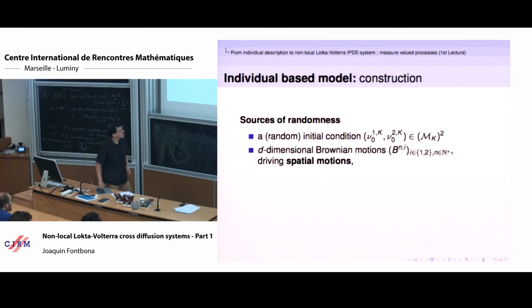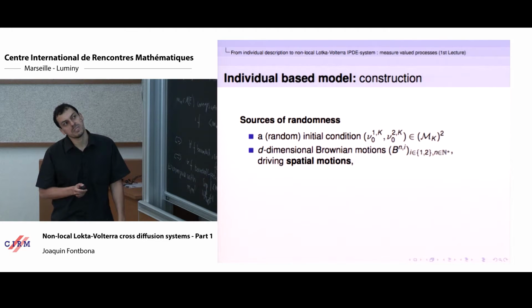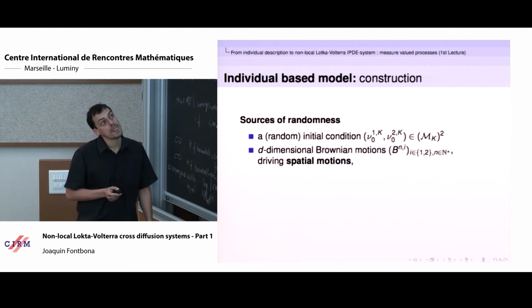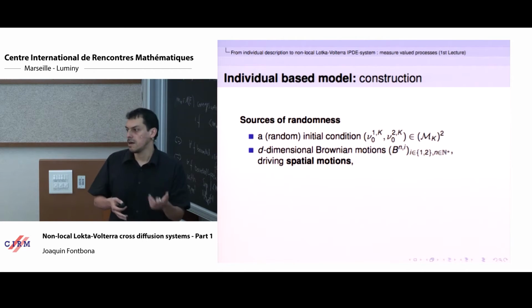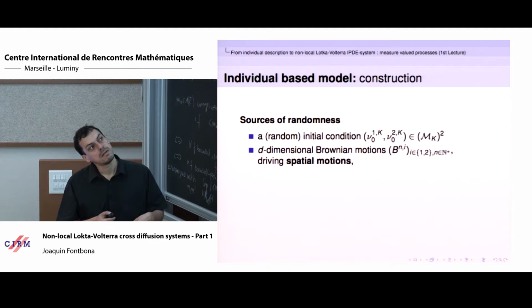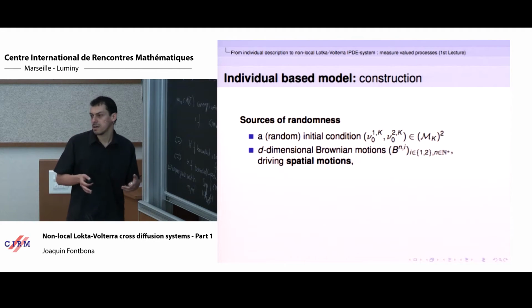I will consider lots of Brownian motions, but I will only be using a finite number of them. I have 2 species, so I have 2 families of Brownian motions, and each of these Brownian motions will be driving the, let's say, capital N individuals alive at each moment.